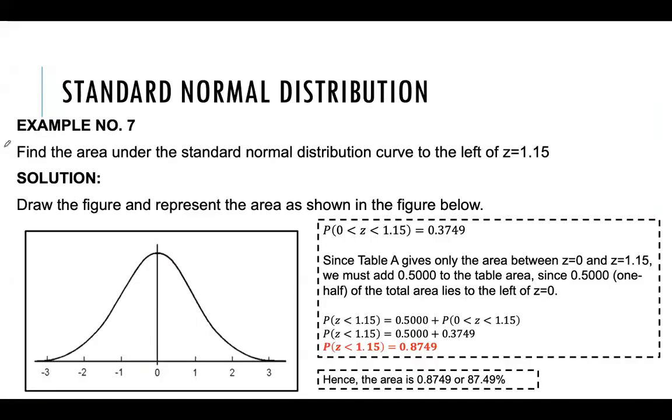Okay, another example. Find the area under the normal standard distribution curve to the left ng 1.15. So area to the left na 1.15. So let's say kung ito yung 1.15, to the left is papunta doon, yung area dyan.